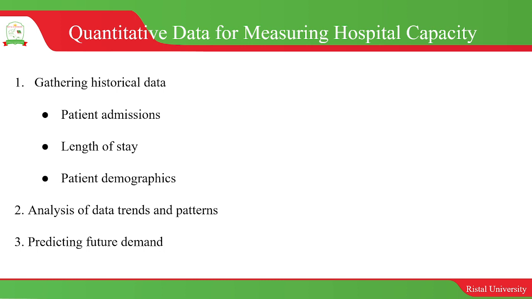Someone with hypertension, someone with stroke, these people may not have the same length of stay as compared to someone coming with malaria, who after 2 to 3 days maybe is discharged already for outpatient kind of home treatment. So all these kinds of demographics will show us what we are expecting.